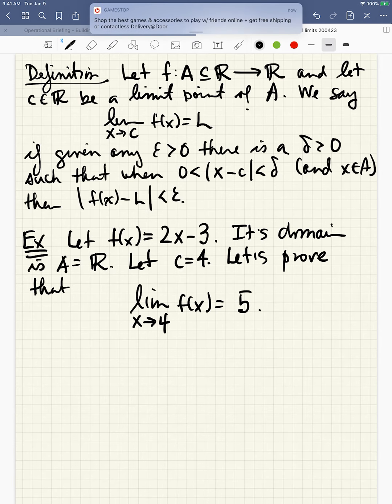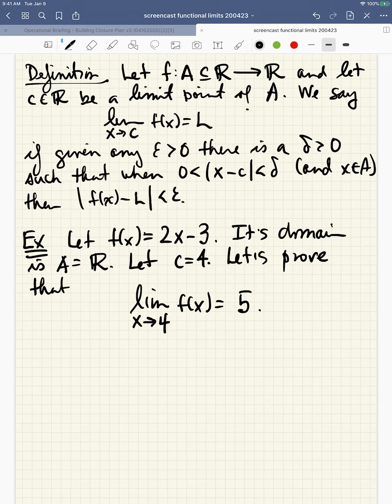Okay. So that's what we want to prove. Let's show how we demonstrate this using the definition. In the definition, we have an L, that's 5 in this example. The c we've said is 4, and f of x is 2x minus 3. So what do we need to show?